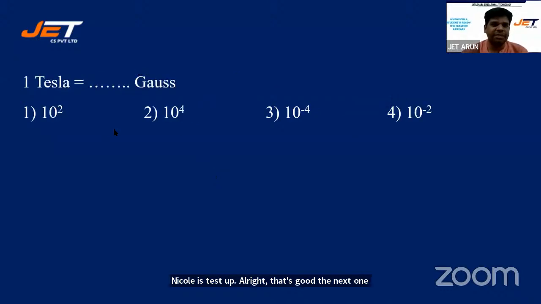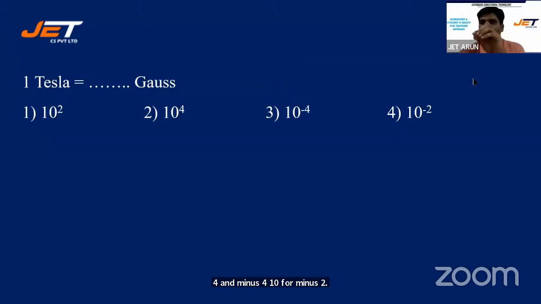Here, 1 Tesla is how many Gauss? 10 square, 10 power 4, 10 power minus 4, 10 power minus 2. Okay, confusion. That's okay. Please correct yourself. Priya is correct.